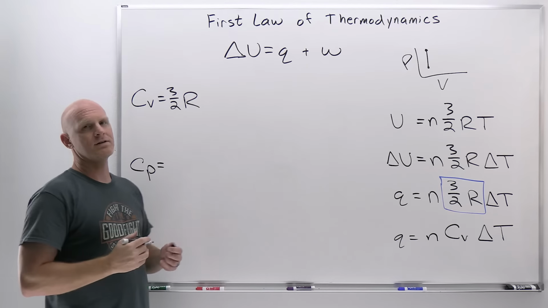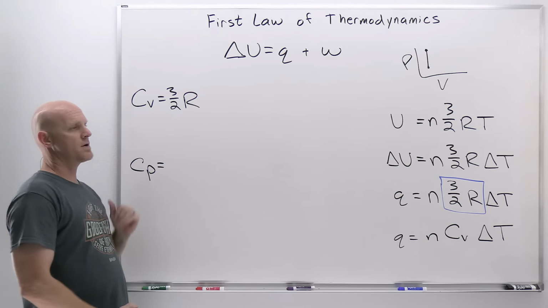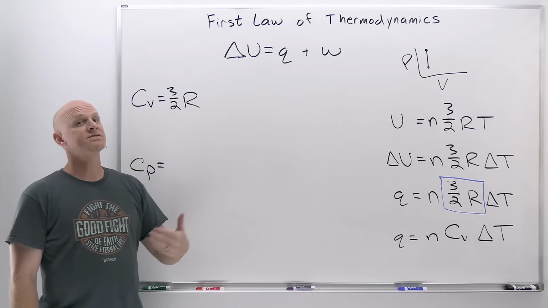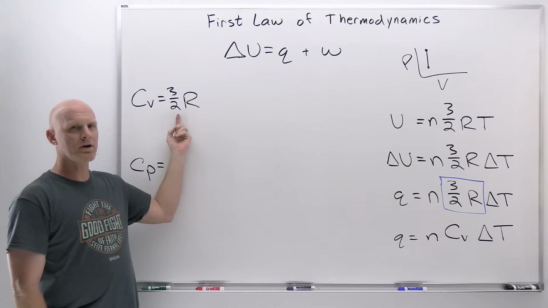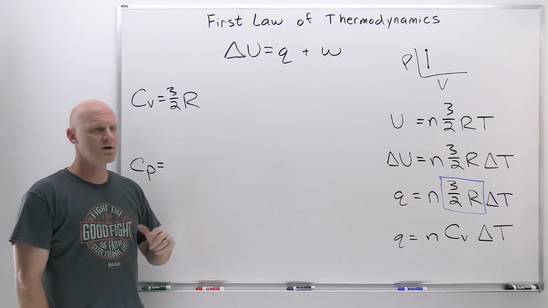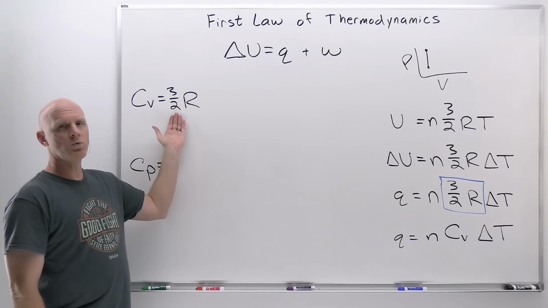If you notice this is just 1.5 R, it turns out if you do a reaction under constant pressure, the constant pressure heat capacity is always 1 R bigger than the constant volume one. And we could prove that. We're not going to, but we could. It's not too bad to demonstrate. So it's always 1 R bigger than this.